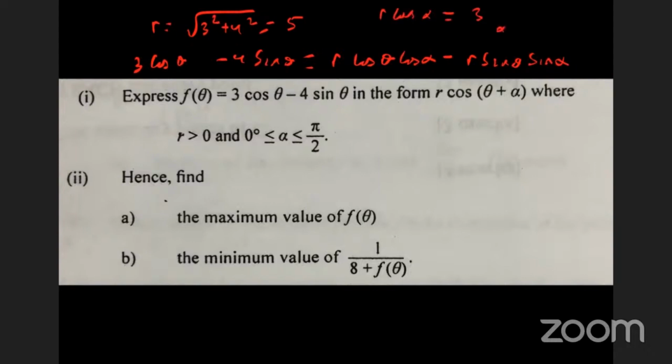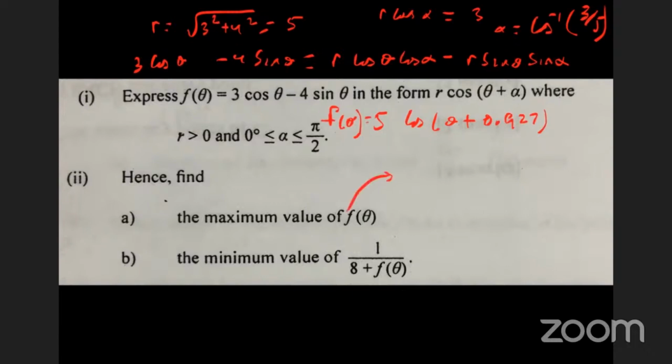So you could easily find alpha. Alpha will be cos inverse of 3 over 5. So your final answer is 5 cos(theta plus, how much did you all get with 3 and 5? 0.927. Nice. So that is your f of theta.